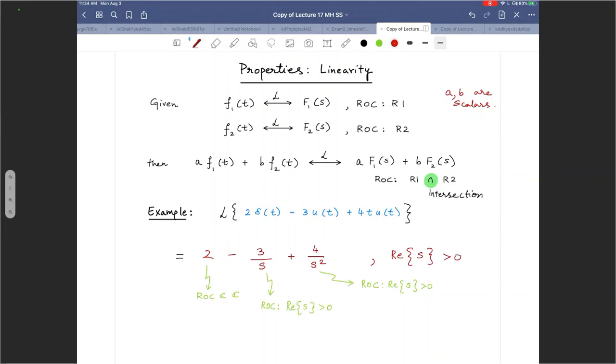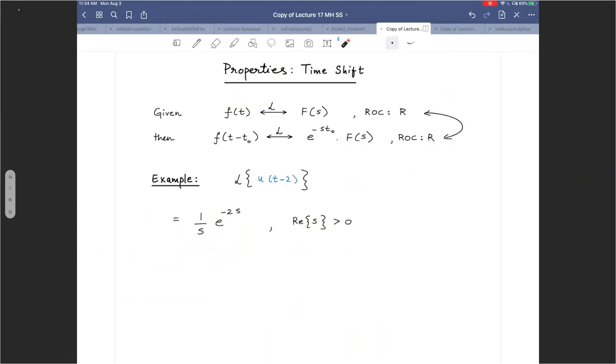I can manipulate the functions to write it in different forms, but that's essentially my answer. I've got the function in the s domain here, 2 minus 3 divided by s plus 4 divided by s squared. I have noted their individual regions of convergence, found the intersection of all those regions, and that gave me the region of convergence for the overall signal: real part of s greater than 0.